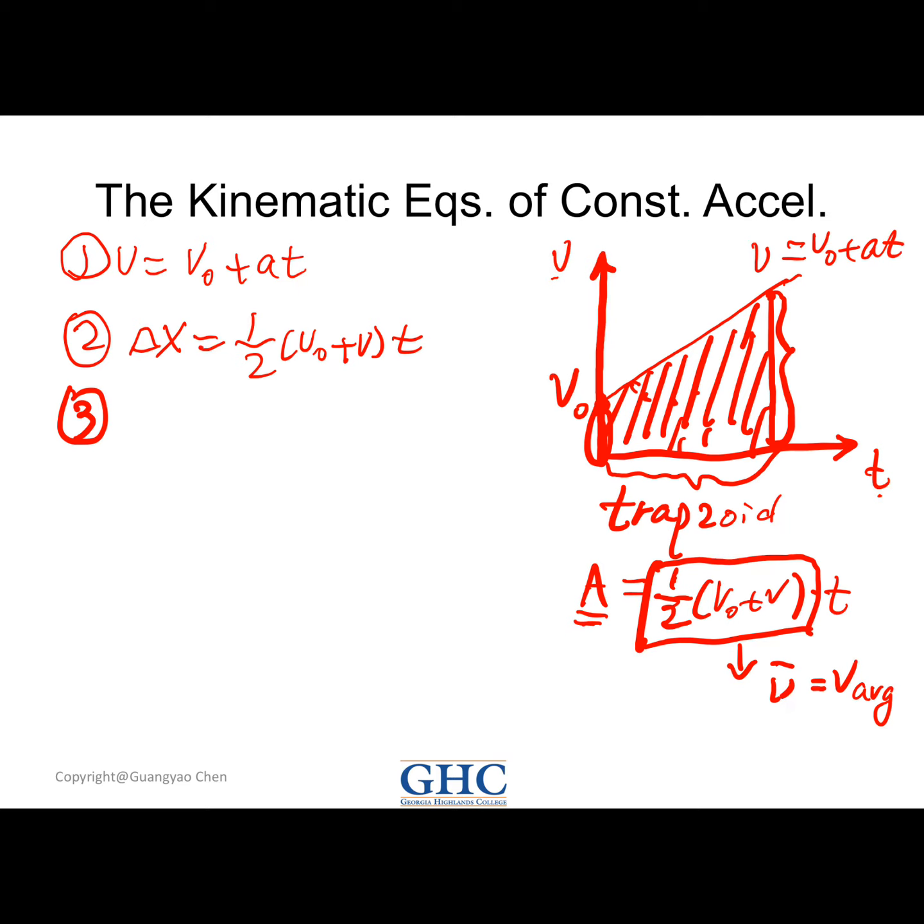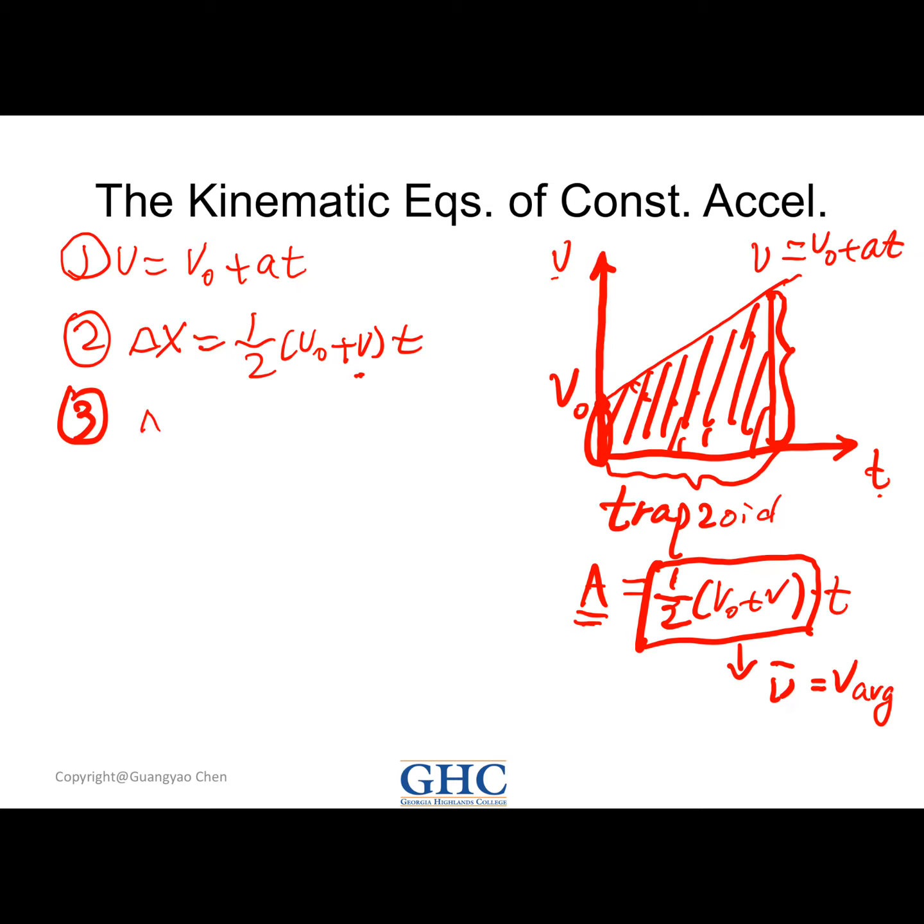We can easily get our third equation using equation 1 and equation 2. I will replace v in equation 2 by the right hand side of equation 1, because from equation 1, v equals v0 plus at.